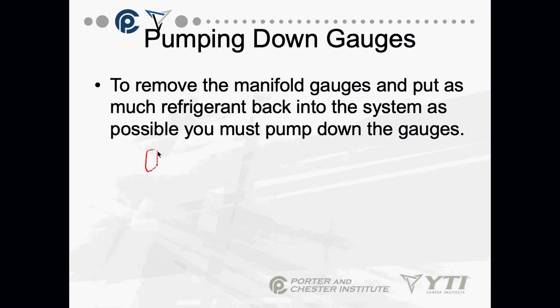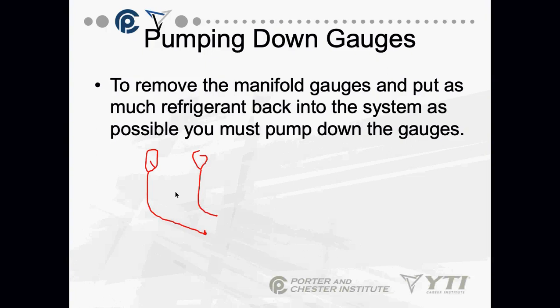Remember, your gauges, unless you're using the stubby gauges like I am, this little thing that I just drew as a gauge, are connected to some pretty long hoses. These hoses are 4 feet, 5 feet long, usually 4. There are 2 hoses connected to your high and low side gauge that go to the system. Those hoses contain refrigerant when they're on the system.